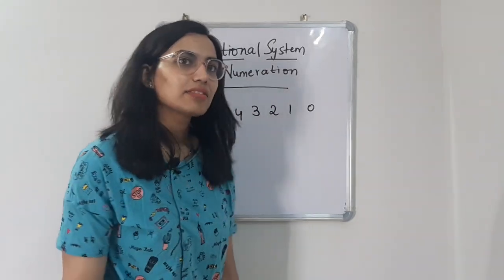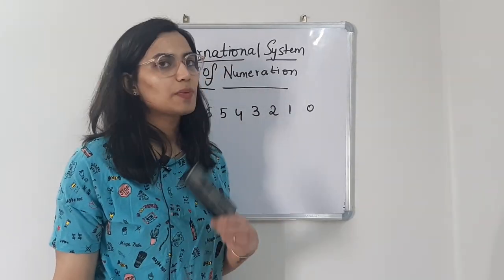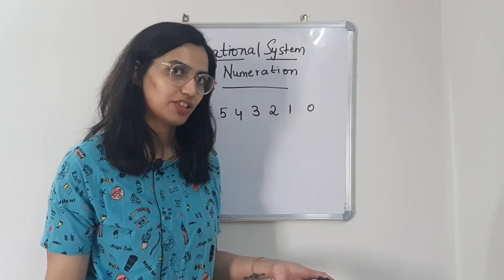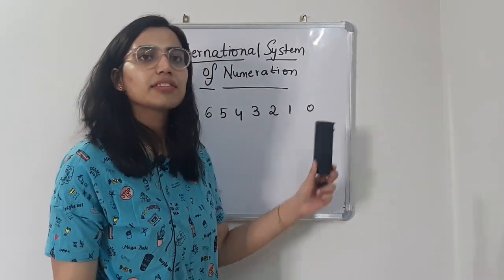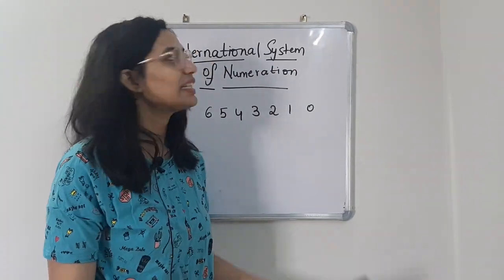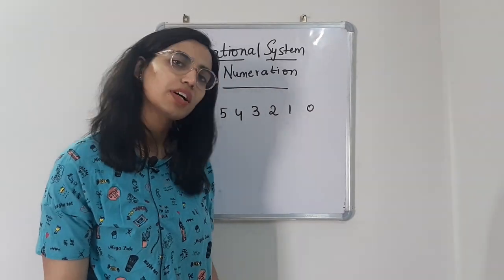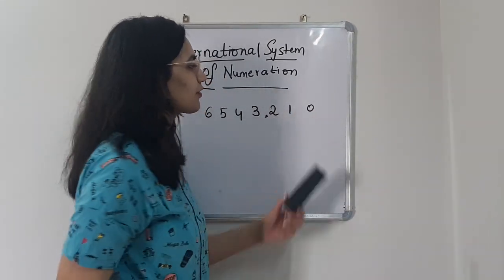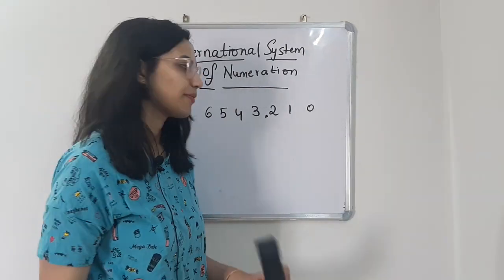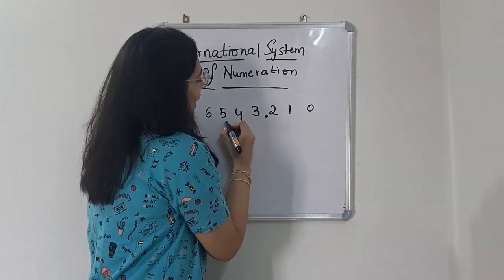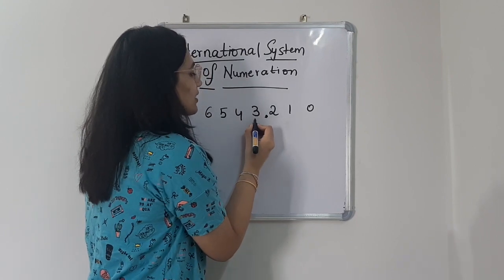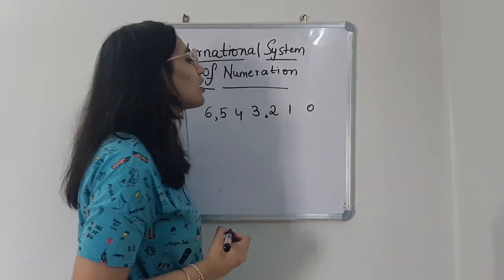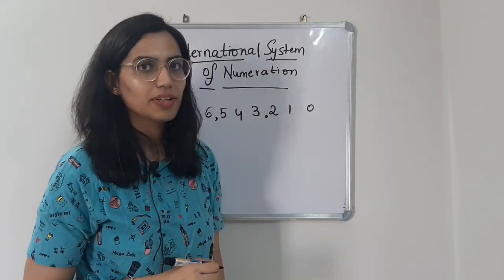As I've already explained to you in the Indian system of numeration, we will start from the extreme right even in the international system of numeration, and then place a comma after 3 digits from the right. Then again we need to place a comma after 3 digits from the first comma.